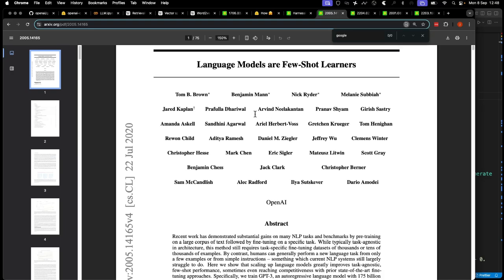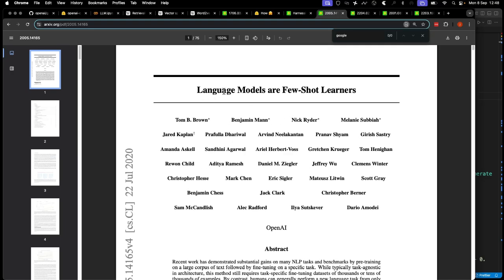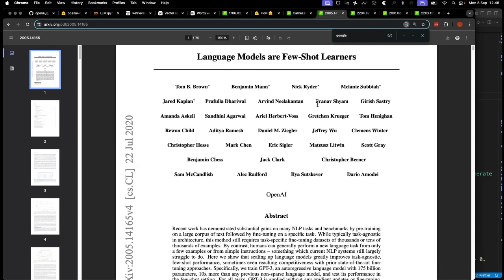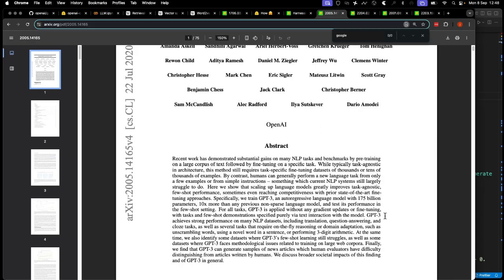We can see OpenAI's research paper, Language Models Are Few-Shot Learners. They explain that I think it's over here. The GPT model can achieve strong performance on many types of NLP data sets, including translation, Q&A, cloze tasks, and several other things, performing very well, okay?